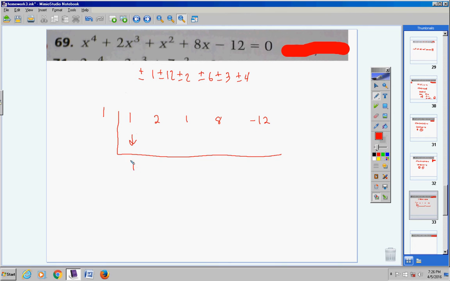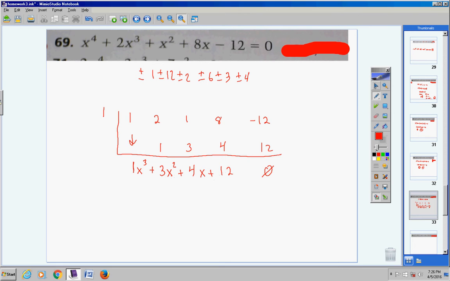Everything's good. 1 times 1 is 1. Combine. 1 times 3 is 3. Combine. 1 times 4 is 4. Combine. 1 times 12 is 12. Combine. So I'm left with 1x cubed, 1 less than x to the 4th, positive 3x squared, positive 4x, positive 12.